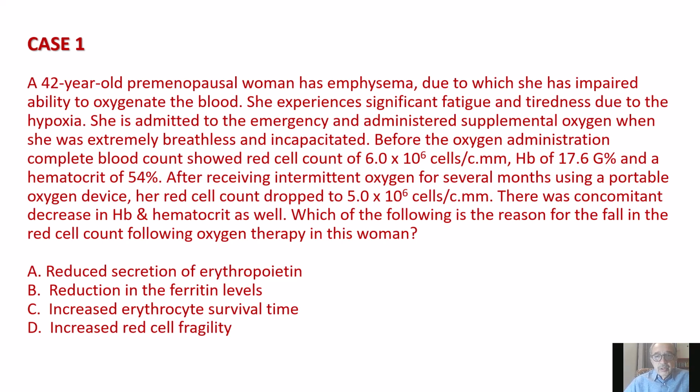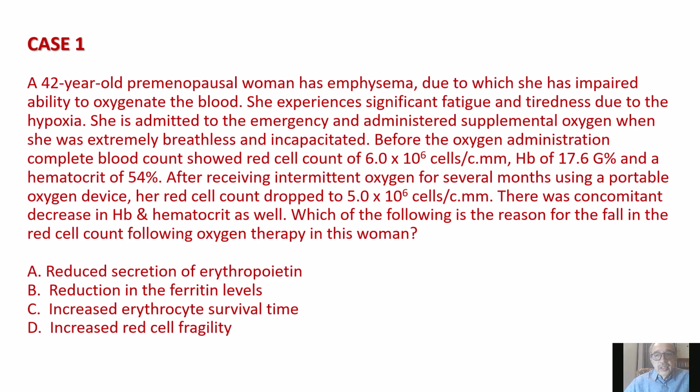So we have to argue why the fall in the red cell count. It is not the real fall, it is the normalcy. So the counts have come to normal. So oxygen therapy has normalized the values and of course relieved her symptoms also, but that's not our question. Why has the red cell count reduced?